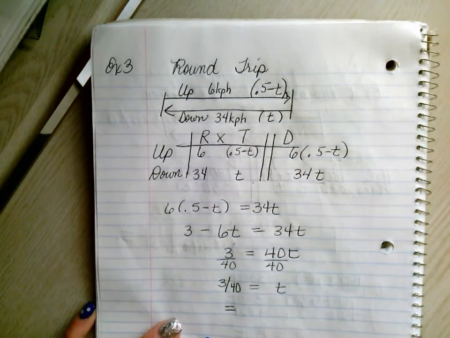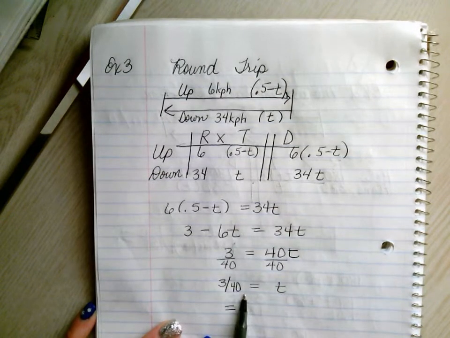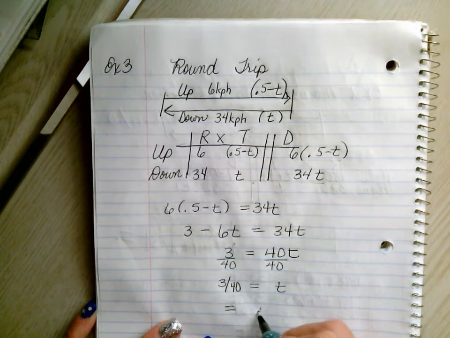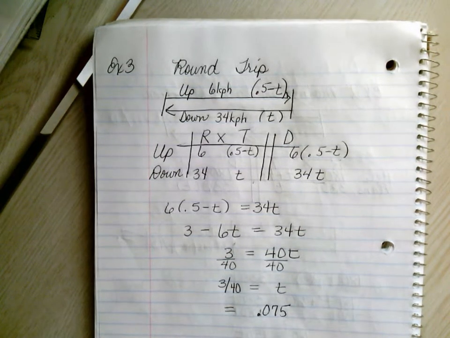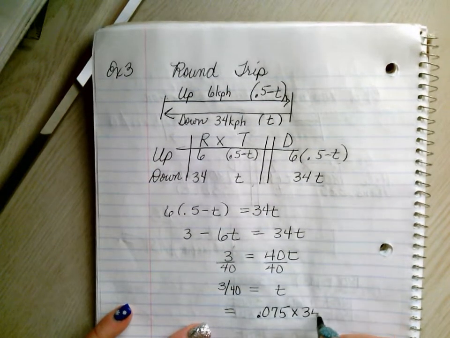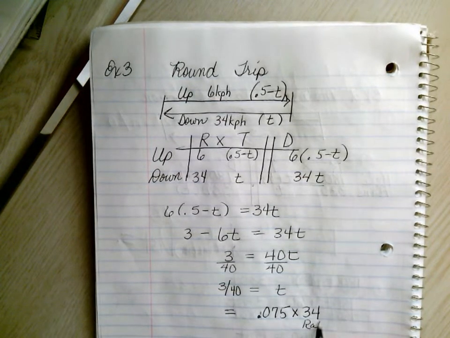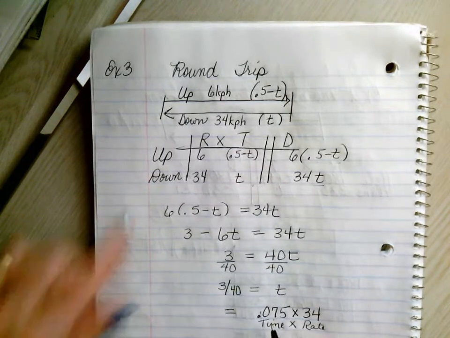So in order to figure out what 3/40ths is in decimal form, we know that the time spent going downhill is 3/40ths of an hour. I would rather convert it to a decimal, which was 75 thousandths of an hour. Multiply that by 34, which is her rate. Now we know her rate, multiplied by the actual time that she spent downhilling.